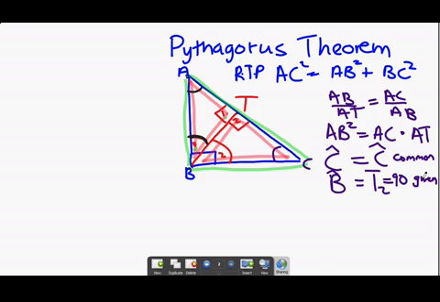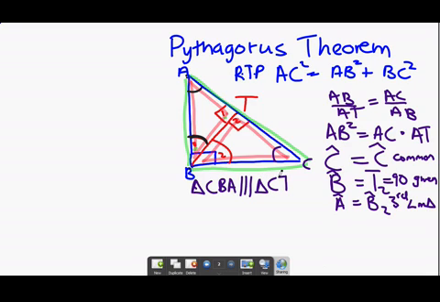So if that is the case, we are only left with B2 and A. For the big triangle, angle A is equal to B, and this is the third angle in a triangle. Which means that if we are writing the similarity, we started with C, so triangle CBA is similar to triangle CTB.